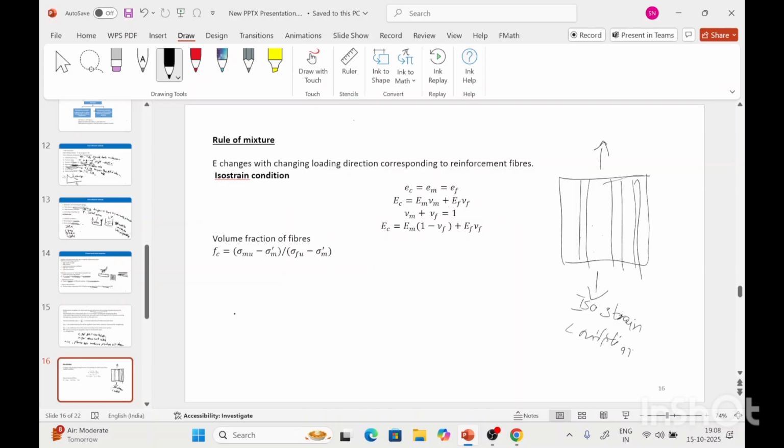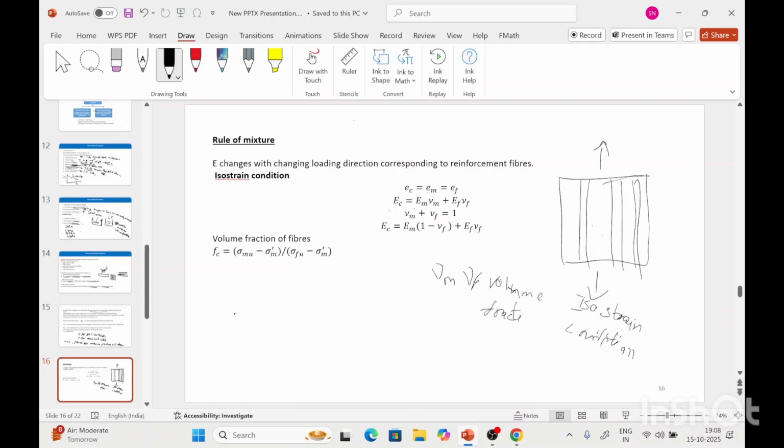So in this case, the strain of the composite will be equal to the strain in the matrix and the strain in the fiber. That will lead to the elastic modulus of the composite as E_c = E_m V_m + E_f V_f. Here V_m and V_f are the volume fractions of metal matrix and fiber.